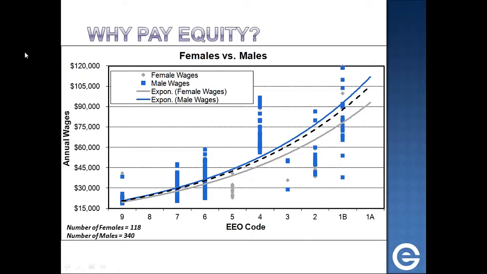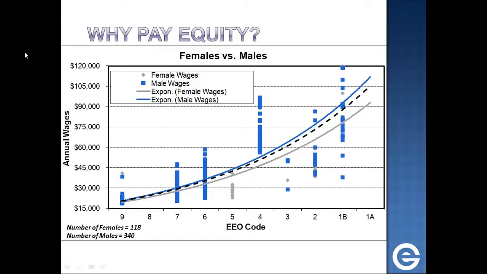This is a report that we do give our companies when we are writing your affirmative action plan. So you can see the female wages are in the gray, the male wages are in the blue. In this case, this is done by EEO category. So the 9 is the service worker, 8 is the laborer, 7 operative, 6 is a craft worker, 5 is an admin.